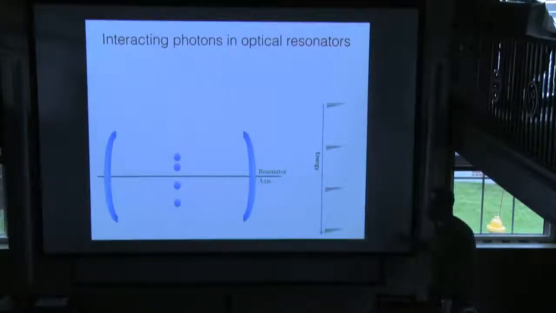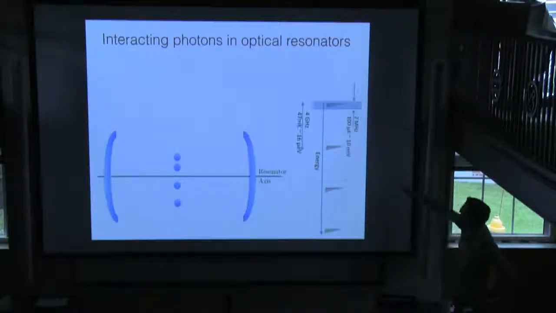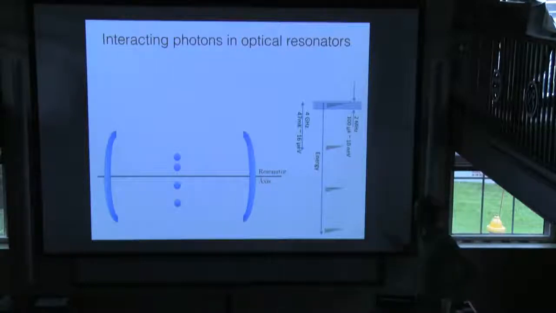And so we really need interactions which are strong compared to kappa, many times kappa. And so the game is that we need interactions which are large compared to the bandwidth of this manifold of modes, which is a couple megahertz, small compared to the energy spacing to the next longitudinal manifold, which we want to ignore, which is a couple of gigahertz, but that'll be no problem.